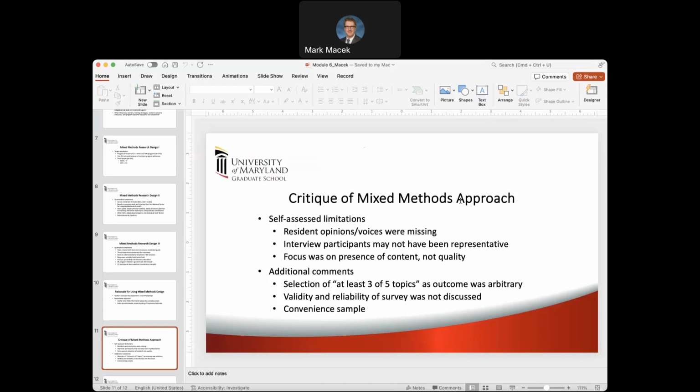Perhaps the survey was not a good measure of the topics of interest. Finally, the fact that 13 interviews did not necessarily represent the larger group of program directors means the qualitative results may not have been directly applicable to the questionnaire findings. These limitations aside, I thought the researchers conducted a reasonable study that filled some gaps in the existing literature.